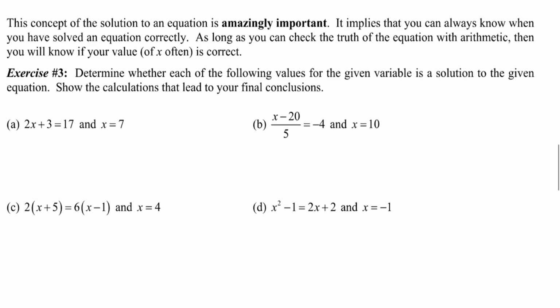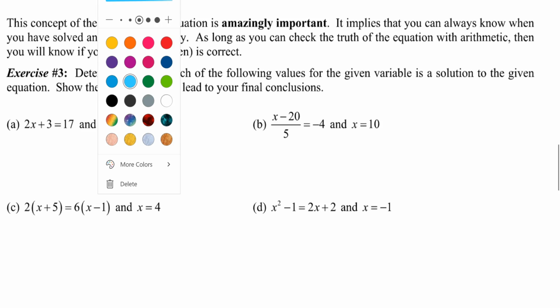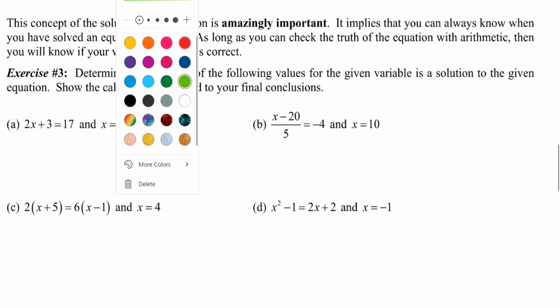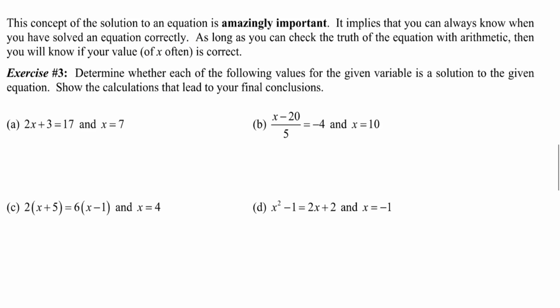It says determine whether each of the following values for a given variable is a solution. Is it the solution? Show the calculations that lead you to this. So they're saying, all right, here you go, smarty pants. Oh, man, this is going to be good. They're saying 2x plus 3 equals 17.